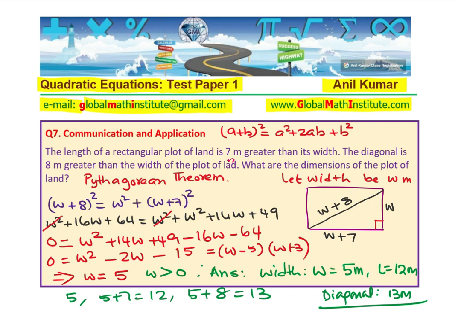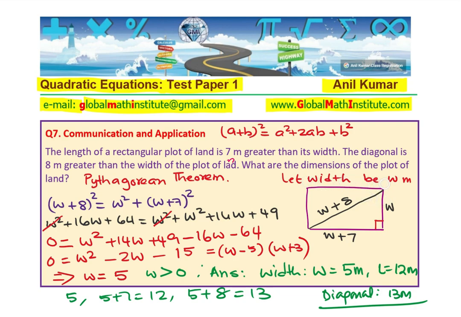I just squeezed in the solution in this very limited space, but I hope you understand what we have done here. So basically, reading from the question, make a rectangle. All the information provided should be translated. Define your variable first.